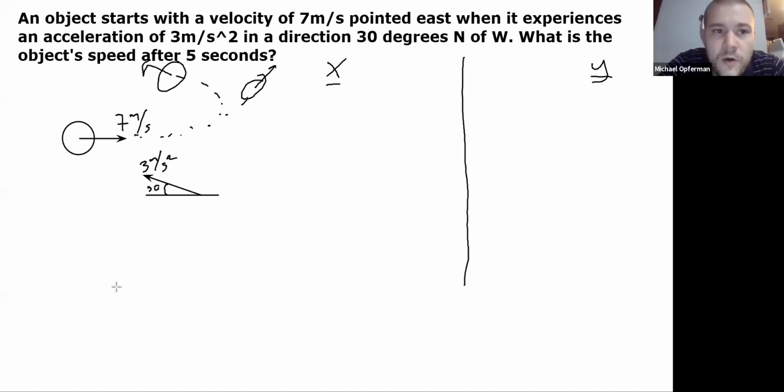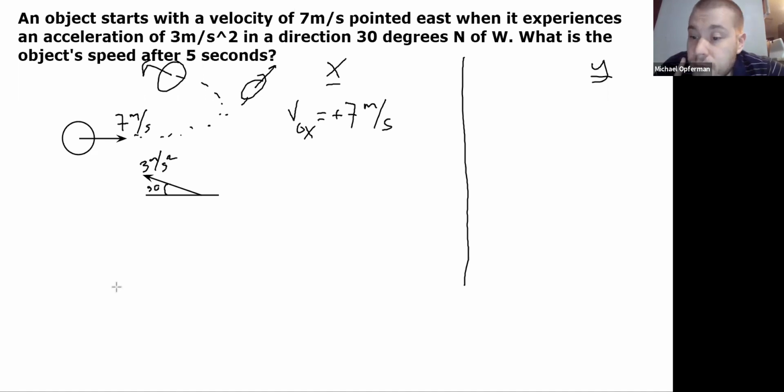So let me reread the question here. An object starts with a velocity of 7 meters per second pointed east. That's clearly the initial velocity. So I'm going to have v0x is positive 7, because I'm going to make the positive x direction equal east.